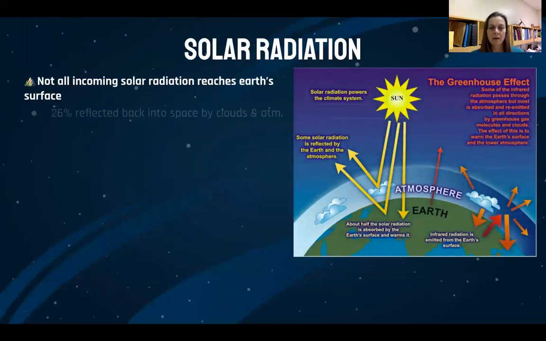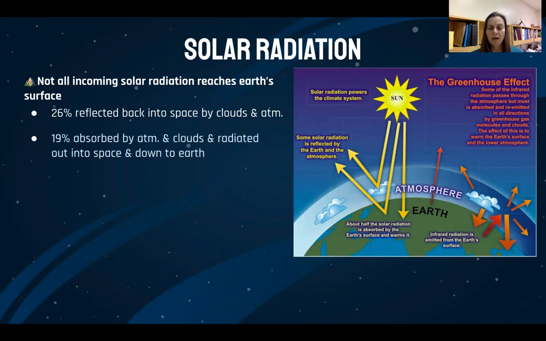And then some, that's about 25%, is going to get reflected back into space by clouds or by the atmosphere. 19% is actually going to get absorbed by the atmosphere and the clouds, but that's still going to get radiated, some of it down to Earth and some of it back out into space. So that's not reflected, but absorbed, changed into a different form of energy, and then radiated.